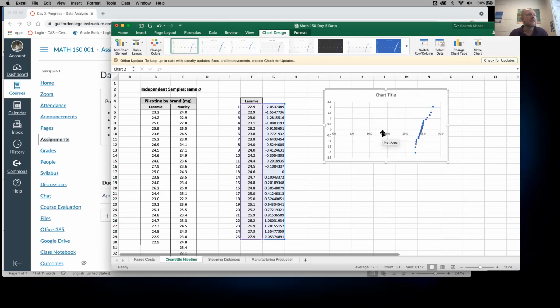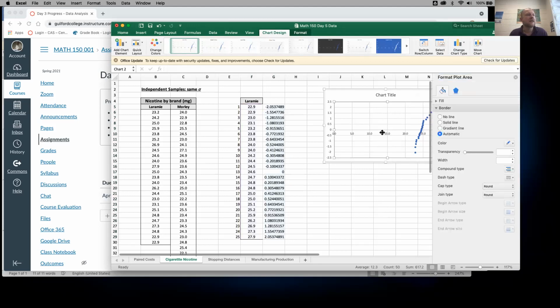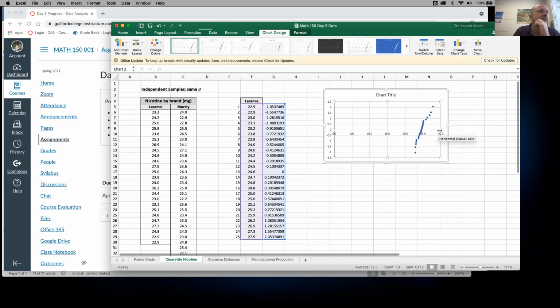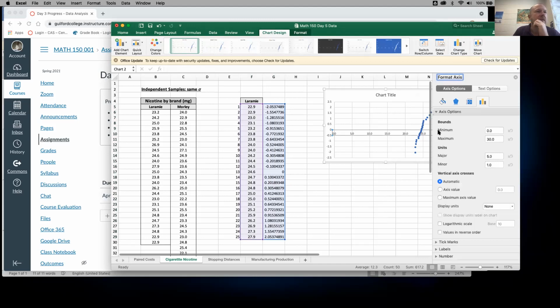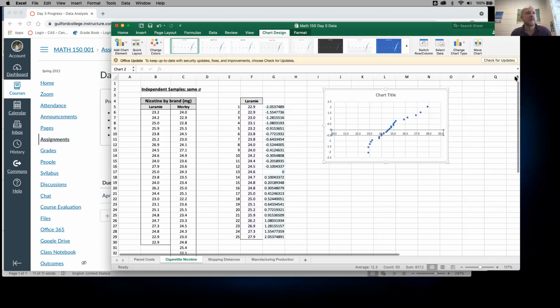I'm going to mess with this a little bit by coming in here, and I thought I could mess with the horizontal axis. Yep, there we go. And since all my numbers seem to be between 20 and 30, I'm going to change the bounds to be between 20 and 30. And now we've got that in there.